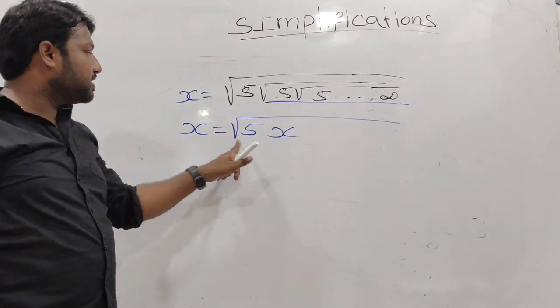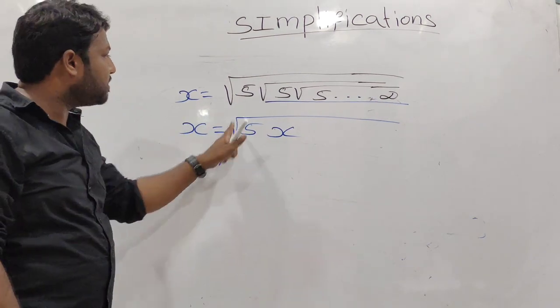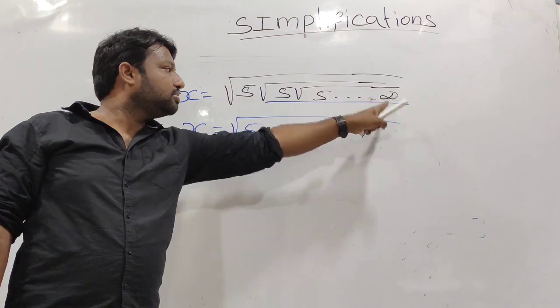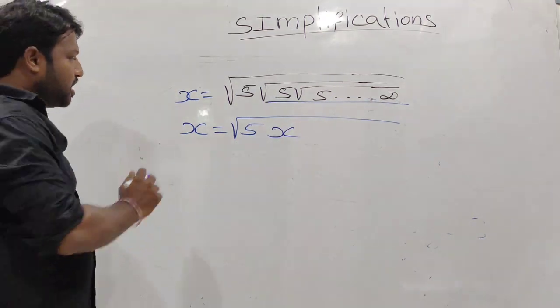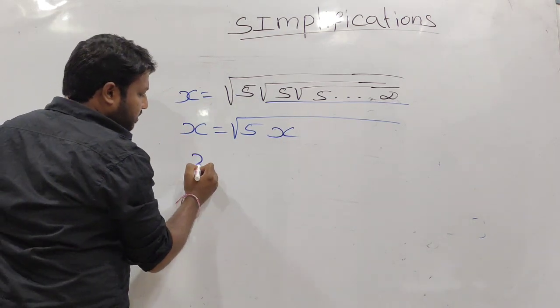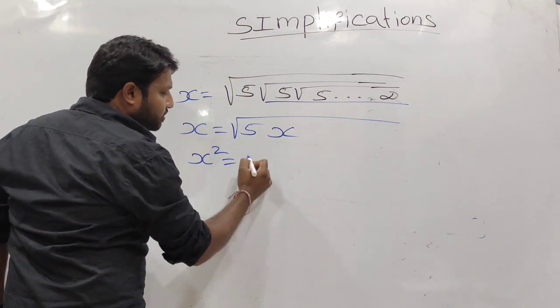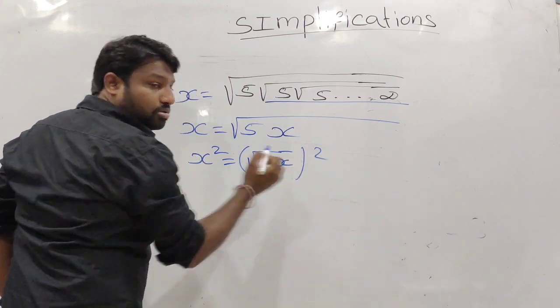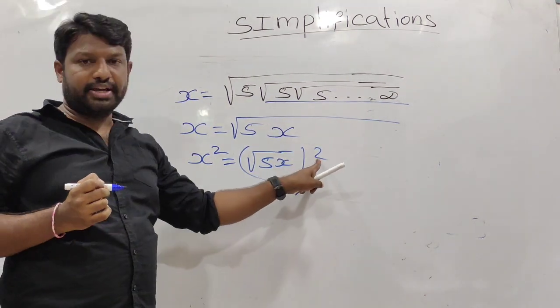Okay. Now x is equal to root 5 times x. I left the 5 and took all the remaining as x. So x is equal to root 5x. Now I am squaring on both sides. X square is equal to root 5x whole square.